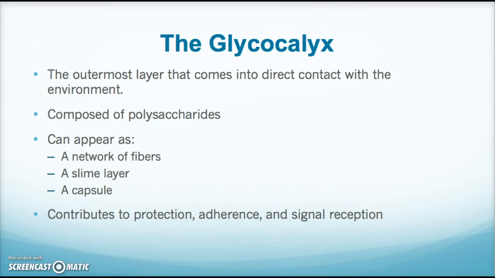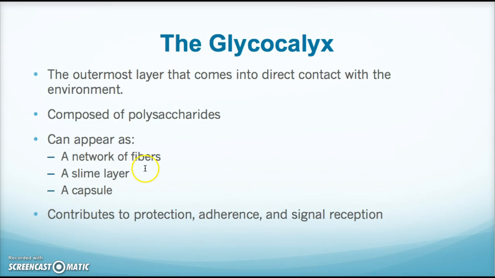The glycocalyx would be found on some eukaryotic cells, and it would be the outermost layer. So when you're looking at the cell, it's the outermost layer, and it's the one that comes into direct contact with the environment. It's made up of polysaccharides, which hopefully you remember is a bunch of single sugars joined together, and they can appear in a number of different ways.